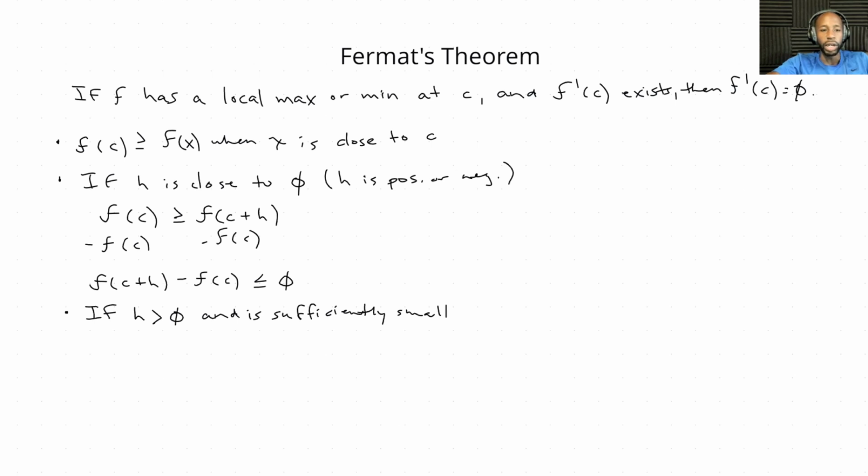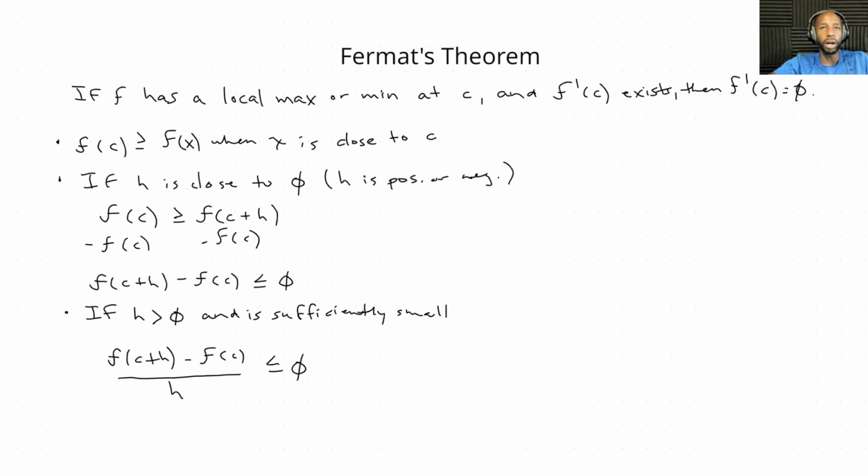So f of C plus h minus f of C divided by h is going to be less than or equal to 0. So what we've done is we have divided this portion here by h, given that h is positive and is still very small.